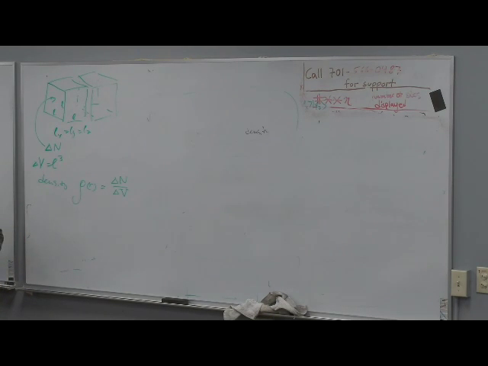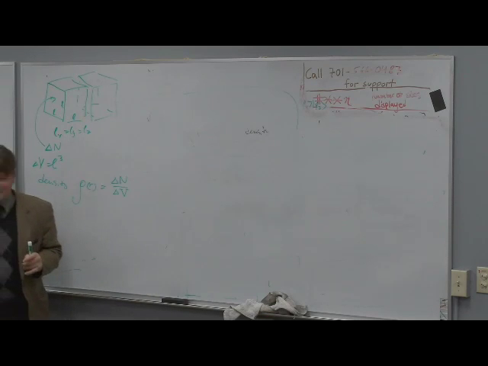Because the total number of electrons in this fairy tale universe will be N capital: delta n plus delta n plus delta n, a summation over all cells. Good? Nothing counterintuitive.